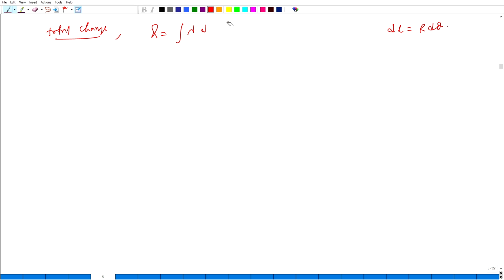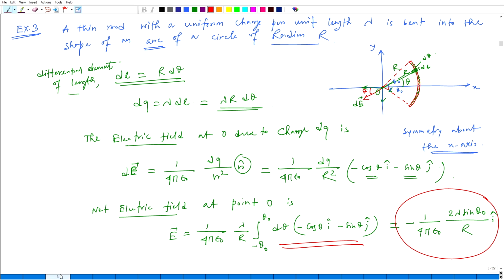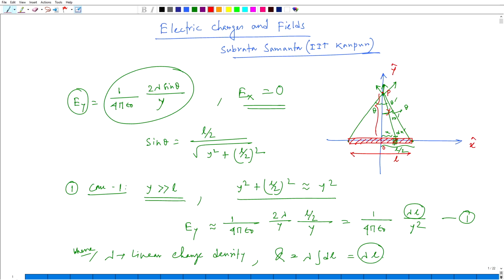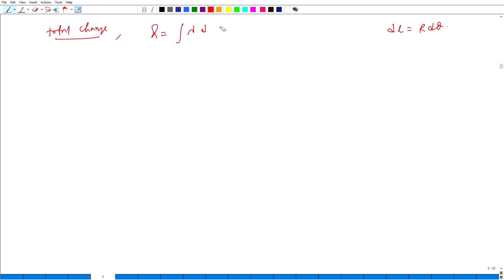So this is dq, right, since dq is lambda times dl. Lambda is uniform, so it is taken out of the integral, times r, again constant, taken out of the integral d theta.